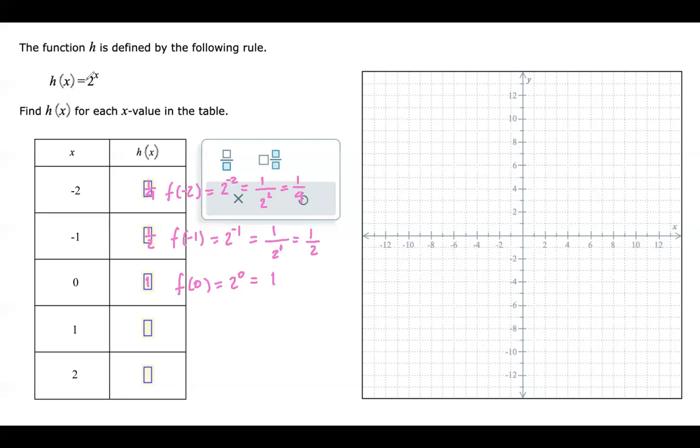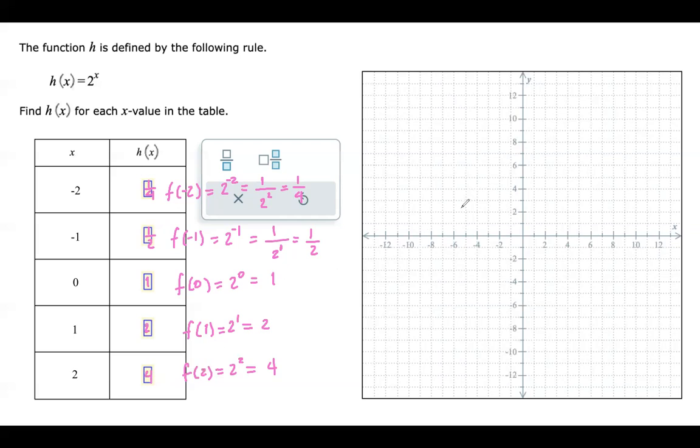Just bear in mind that you can sometimes have a coefficient or a value multiplying the exponential expression. Then we're going to do f of 1, and in this case, it'll be just 2 raised to the power of 1. That's 2. And f of 2 will be 2 raised to the power of 2. That's a 4.